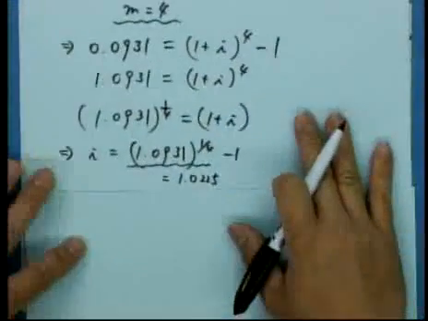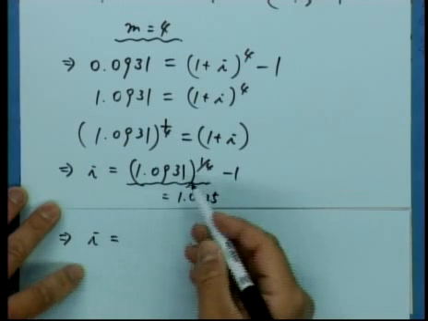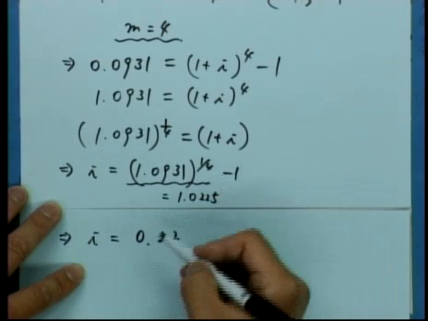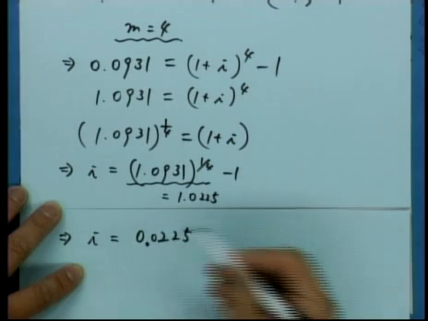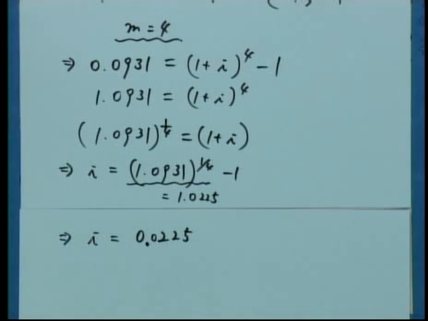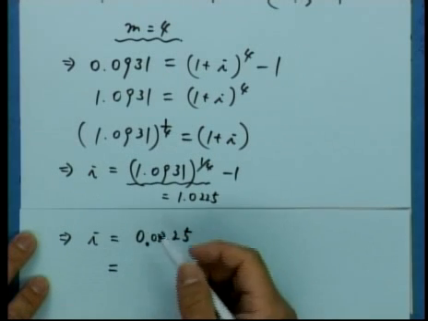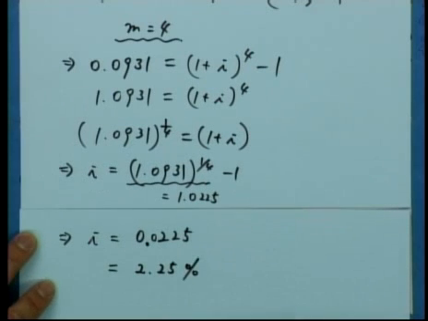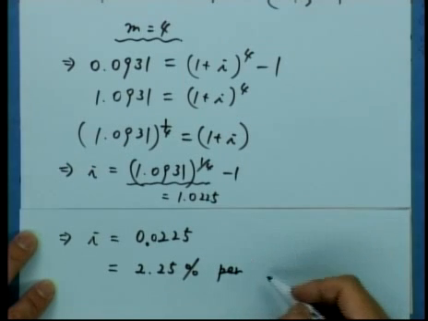Which means that i is going to be 0.0225. Okay. So this is going to be 2.25% per quarter, right?